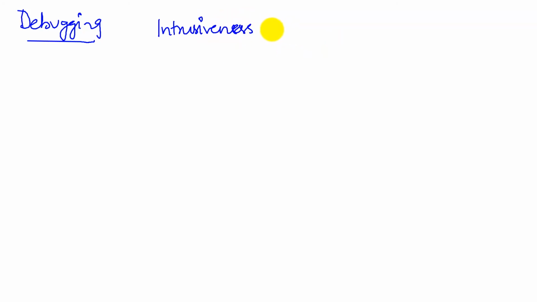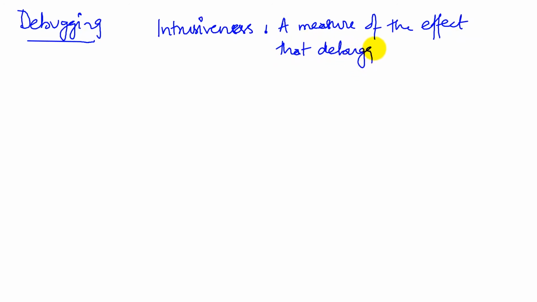Another aspect of debugging is what we refer to as intrusiveness. Intrusiveness is a measure of the effect that the debugging has on the system that's being debugged. So this measure has a degree associated with it.